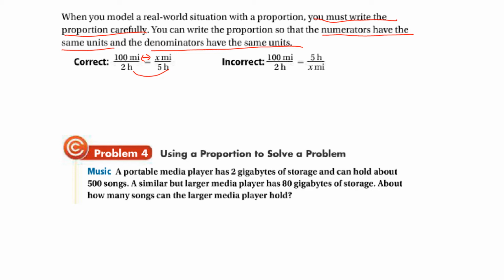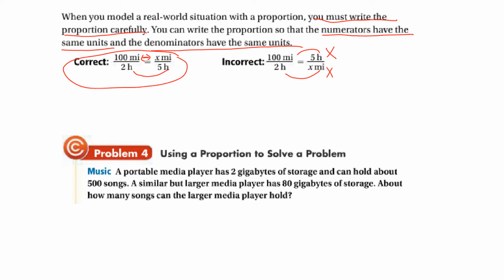Incorrectly, you have the miles and the hours across from each other in the numerator, and hours and miles across from each other in the denominator. That's not what we want. We want it to be the same as it is over here.